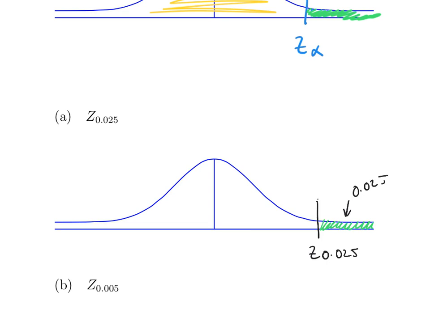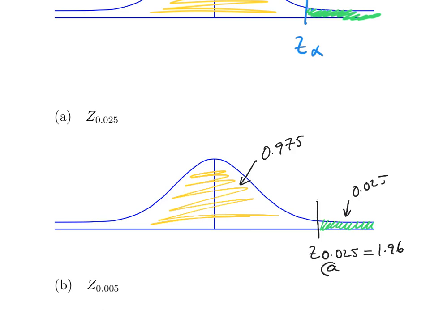So then automatically, the area to the left for the yellow area is 0.975. We did this problem already. What was the answer to this one? 1.96. So this is what we used to call A. Now it is going to be called C of alpha. So A and C of alpha is the same thing. All right? Any questions on this? And this is going to be used a lot in chapter 7, 8, and 9.